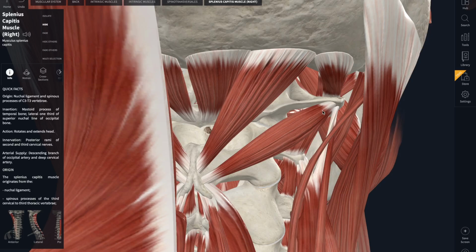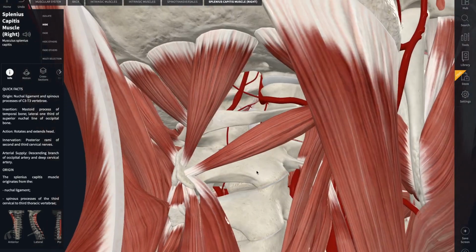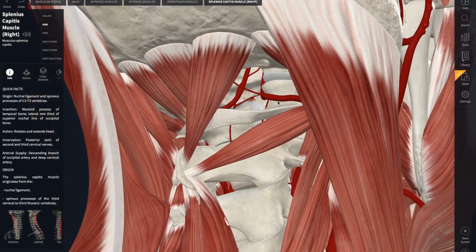Remember, we will be talking about the limitations of the suboccipital triangle, and a little bit about the components. Let's talk about the components first to make things easier. It's already very easy, but let's make it easier. We will have arteries, number one.